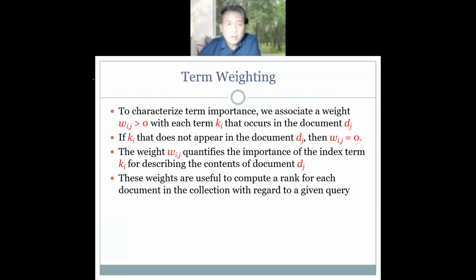So for term weighting, we associate a weight.